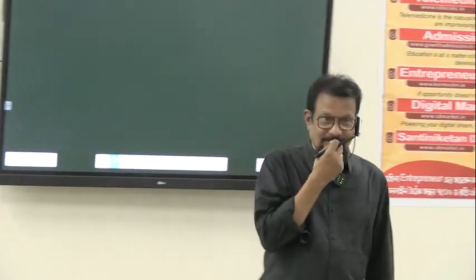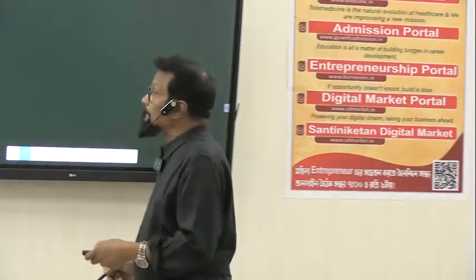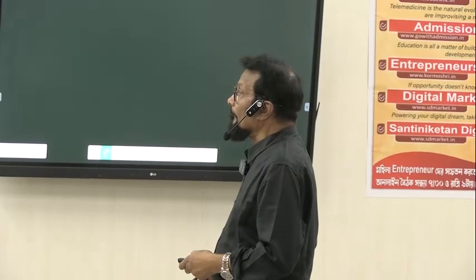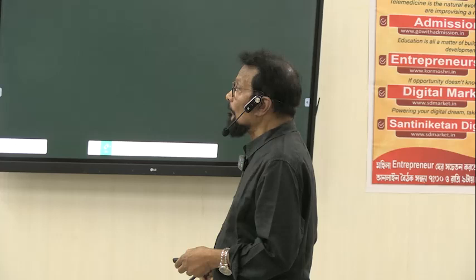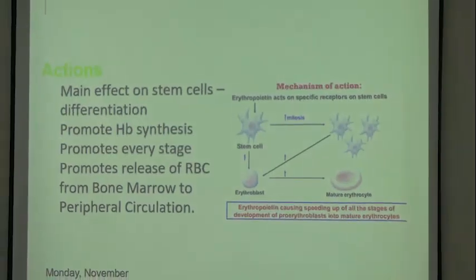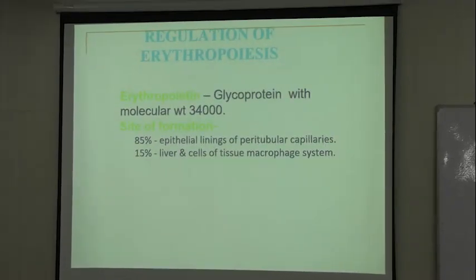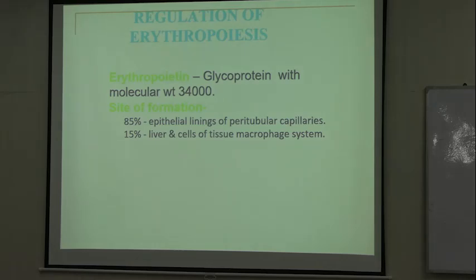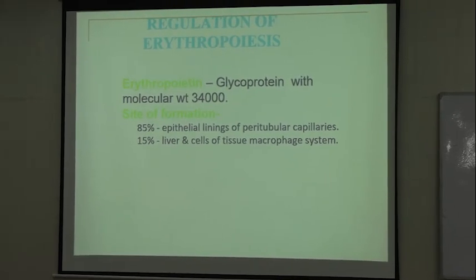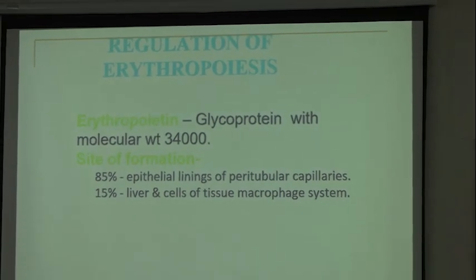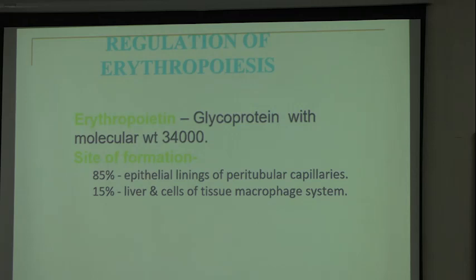Then where are these sensors located? Tell me the structure of the nephron: glomerulus, afferent arteriole, glomerular capillaries, then efferent arteriole, and capsule.